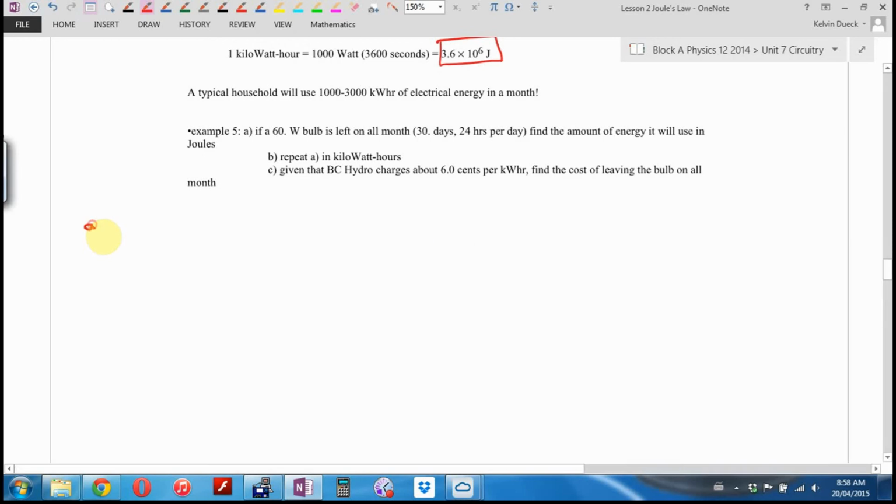First of all, it wants us to calculate the amount of energy. Energy is power times time. How many watts of power? A 60-watt bulb.